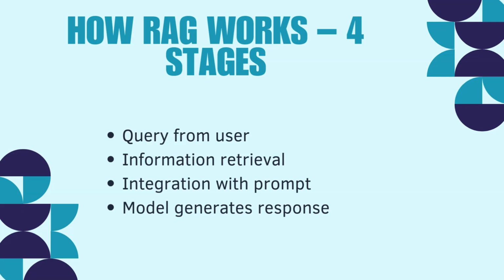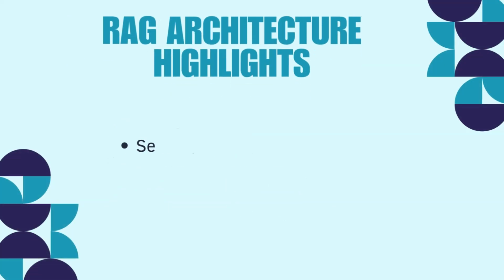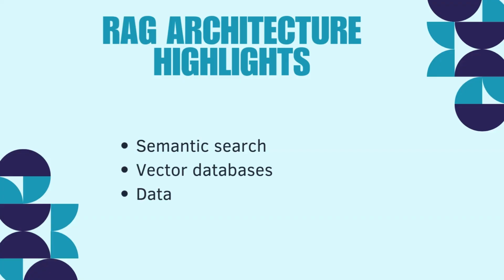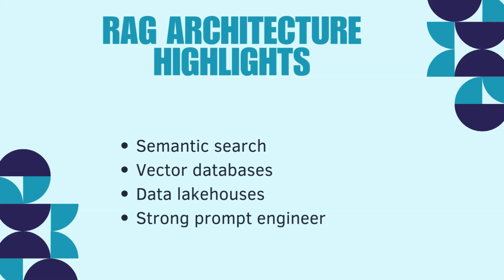Semantic search is a key part of RAG. Instead of matching keywords, vector databases search by meaning, allowing the system to understand user intent and retrieve the most relevant information. A RAG system requires solid data engineering. Data pipelines must be built and maintained to connect knowledge sources with the LLM. Strong prompt engineering is still essential to ensure the right data is retrieved and used correctly.